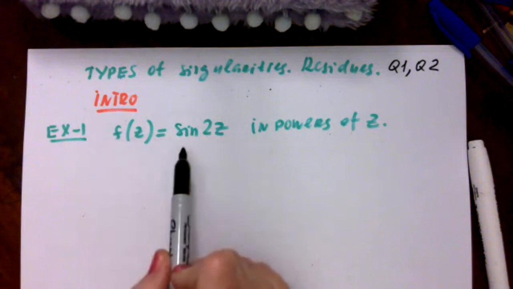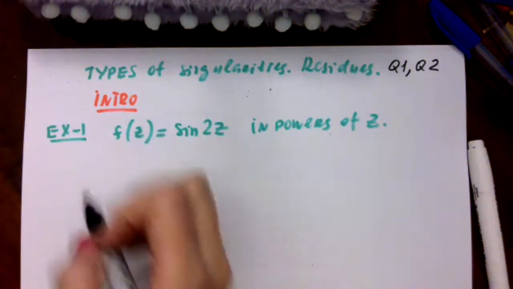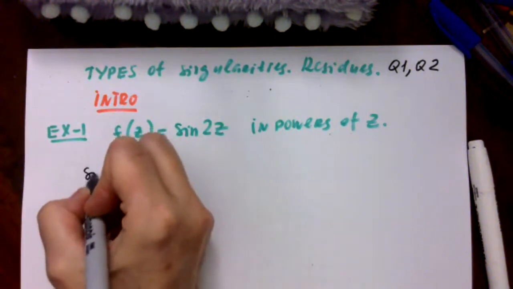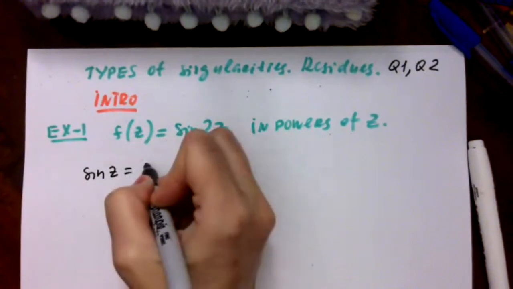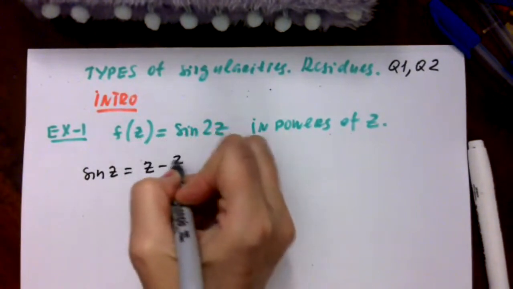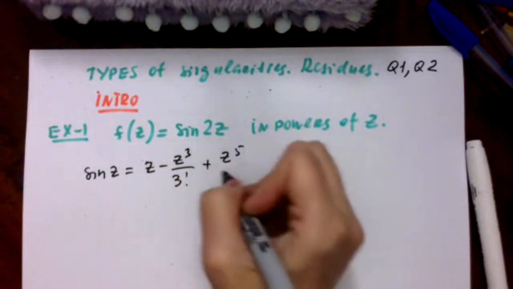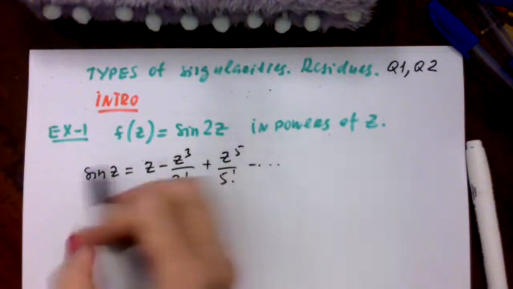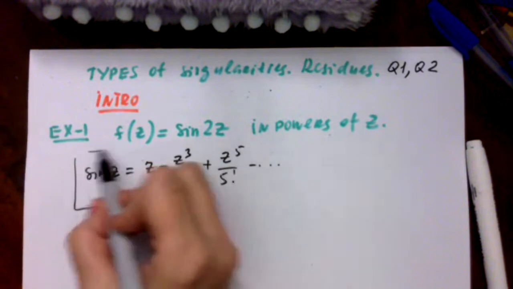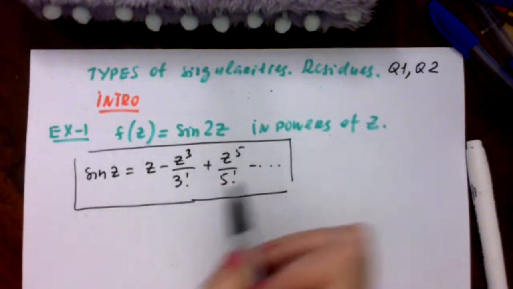Of course you immediately realize that your function is most similar to this canonical function sin z, which goes like z minus z cubed divided by 3 plus z to the power of 5 divided by 5 and so on. It has only odd powers 1, 3, 5 and so on.